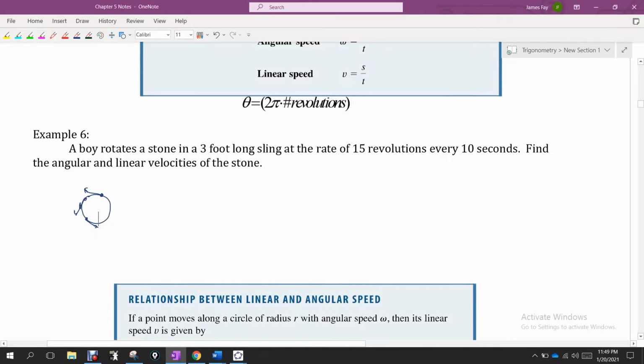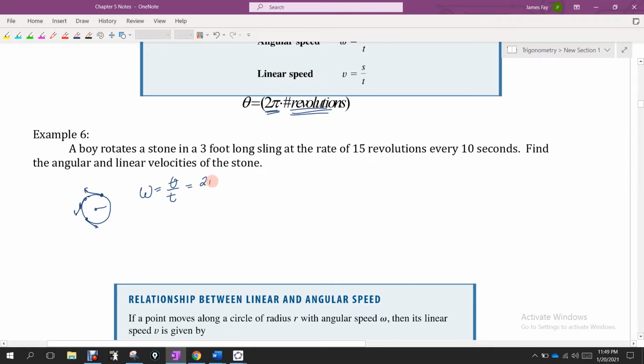But the stone in a 3-foot long sling, so my radius here is 3 feet. It's at a rate of 15 revolutions every 10 seconds. Find the angular and linear velocity of the stone. So angular speed, omega, is equal to theta divided by t. Theta, like I said, is 2 pi times the number of revolutions.